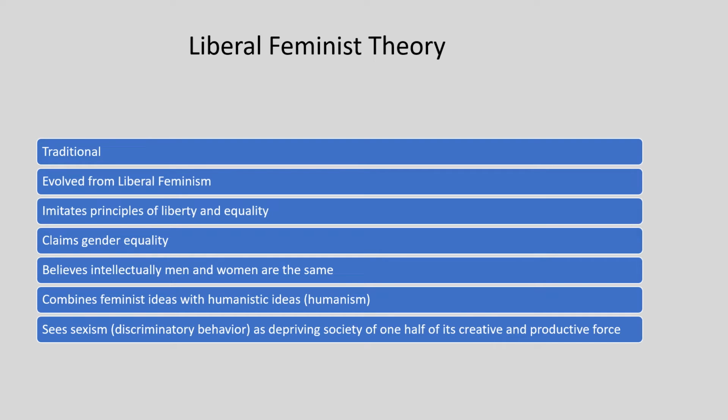And it says things like, it's in society's interest that jobs are filled by the best qualified individual, whether that person is male or female. So it's a social good to promote ideas of equality and to promote women's flourishing.